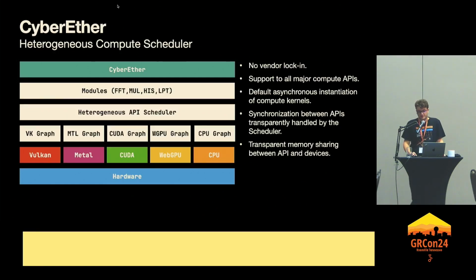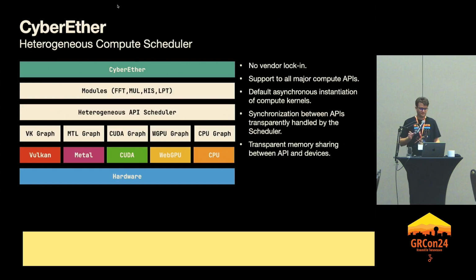And also it facilitates a problem with running multiple different compute APIs at the same time: most times they don't talk with each other. So you need to do some very clever things for synchronization between them, because if you send a kernel that is executing asynchronously, you need to wait until that API finishes the work to start the processing with another API.